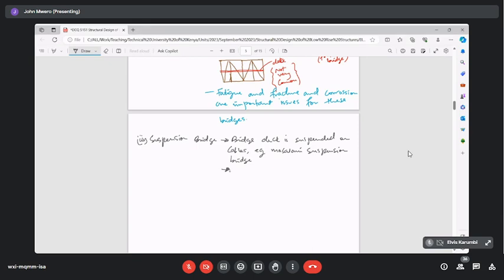These types of bridges are relatively light for the spans they are able to achieve. These bridges have got a problem of slenderness.